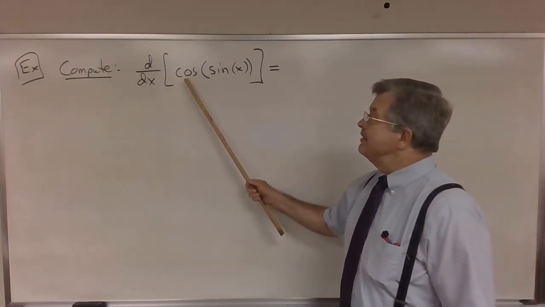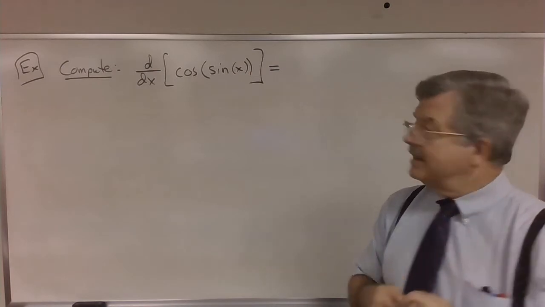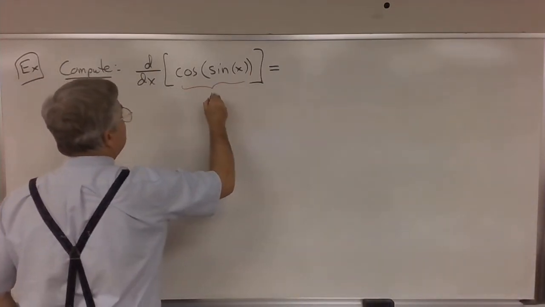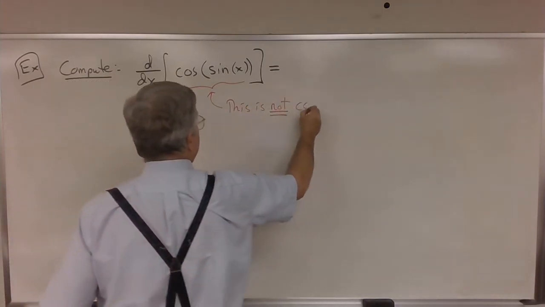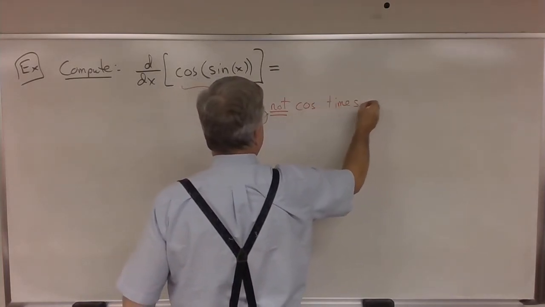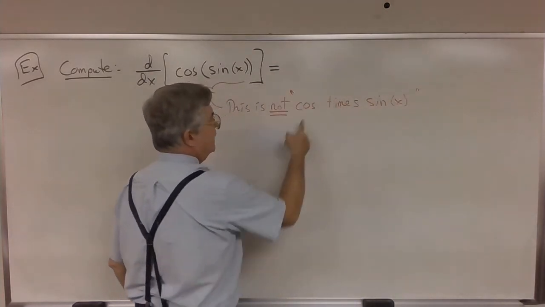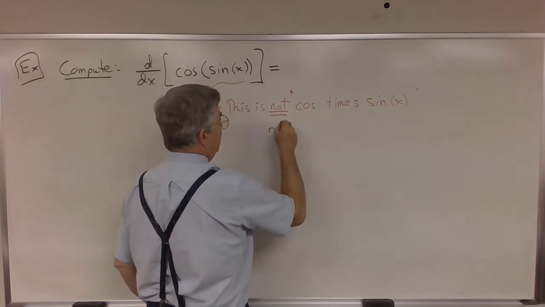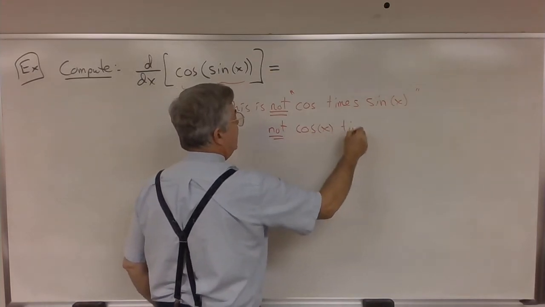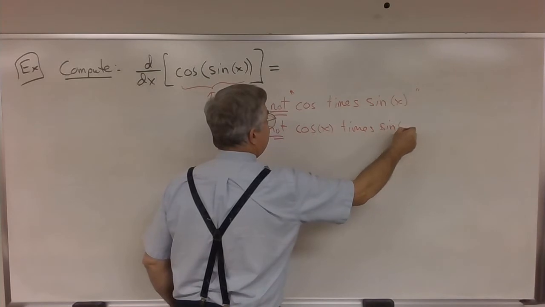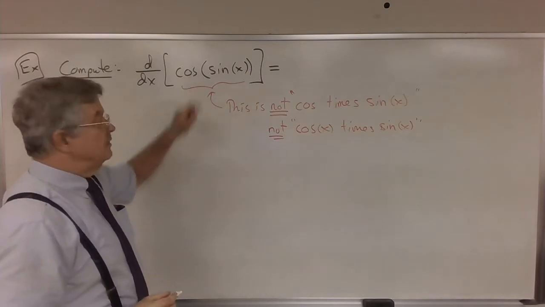This is not cosine times sine of x, and it's not cosine of x times sine of x. This is not multiplication at all.